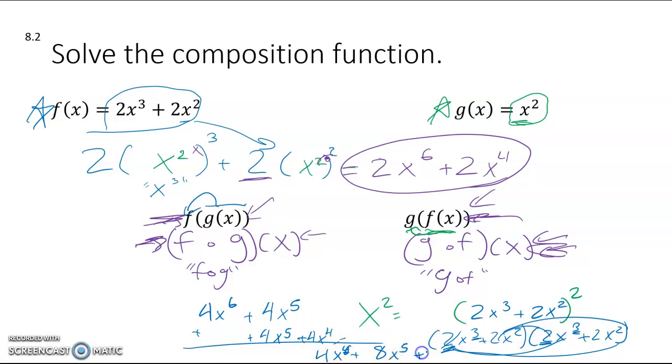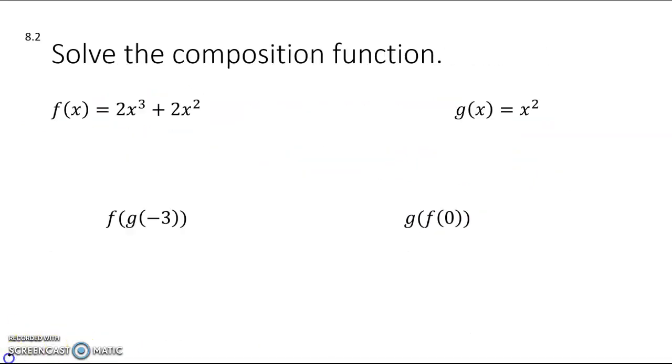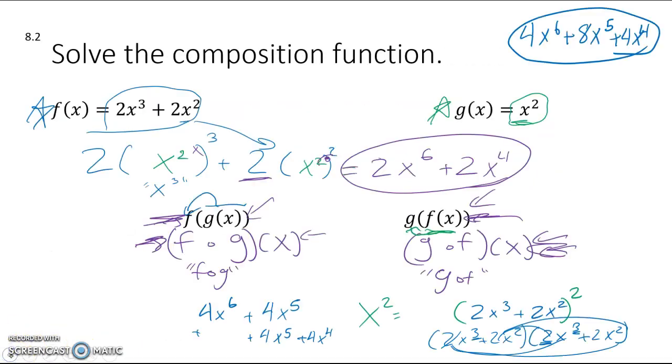And then the plus 4x to the 4th stays the same. All right. And I'll rewrite it. So sorry about the handwriting there. But give me 1 second. All right, sorry about that. So here is the more clearly written out final answer for this g of f of x right here.